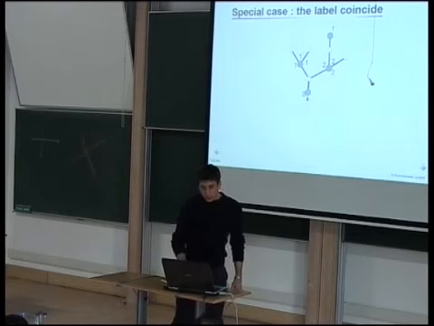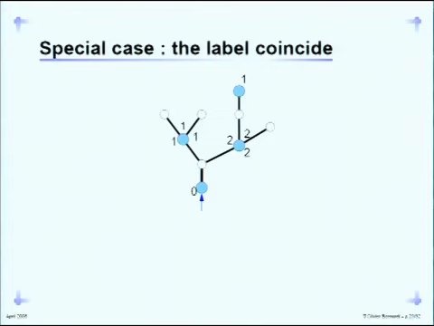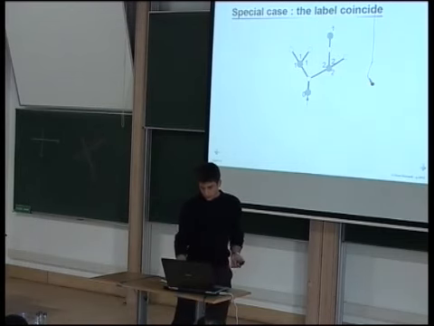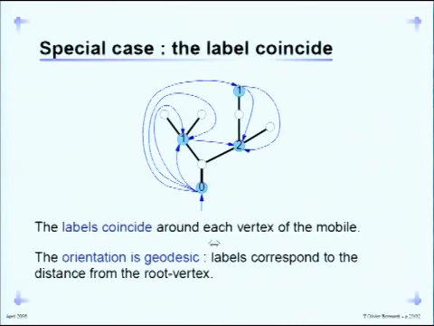Okay, so now I will look at a very special case where the labels coincide around each blue vertex of my mobile. So here is an example. In this case, I consider this label to be a label of the vertex, and I apply this rule, and the claim is that when these labels coincide around each vertex, the orientation that I obtain is geodesic.